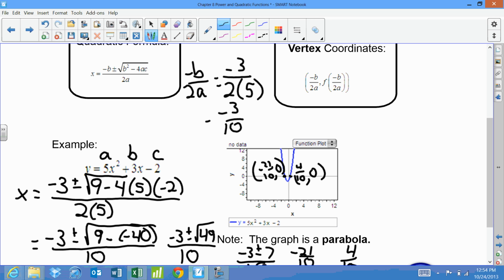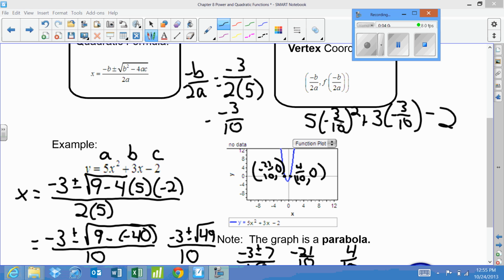Now to solve for y, we're going to plug that in for our x's. So we're going to get 5 times negative 3/10, and we're going to square that because we're plugging that in for our x squared. We're going to add 3 times negative 3/10, and we are going to subtract 2.